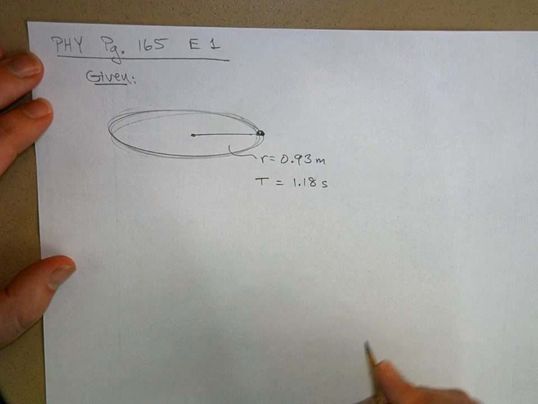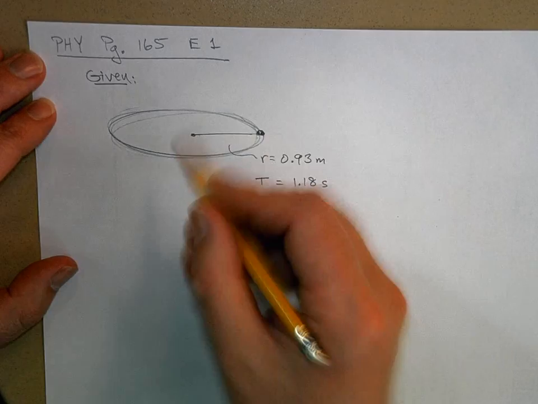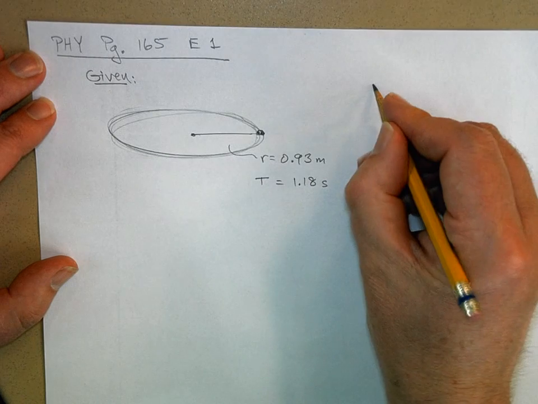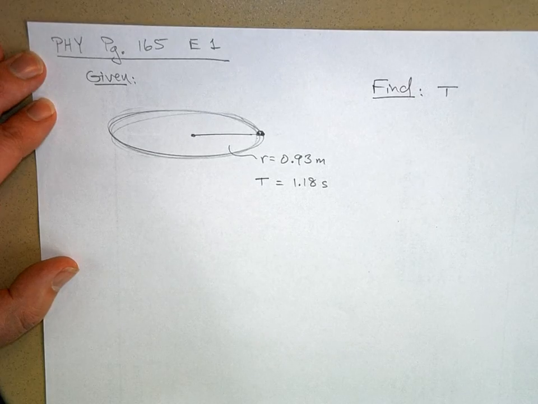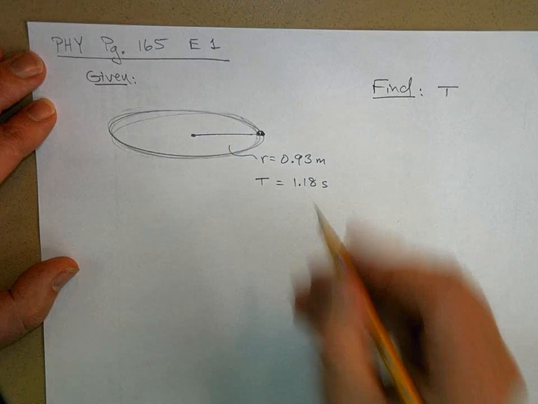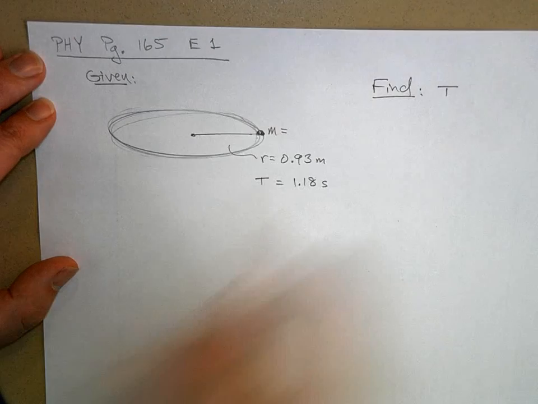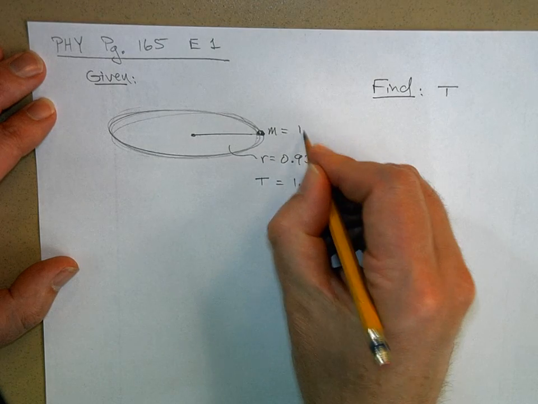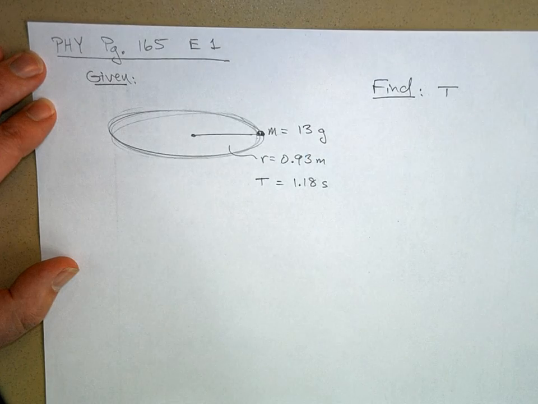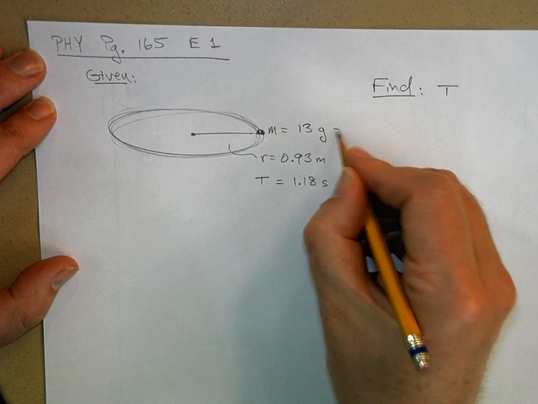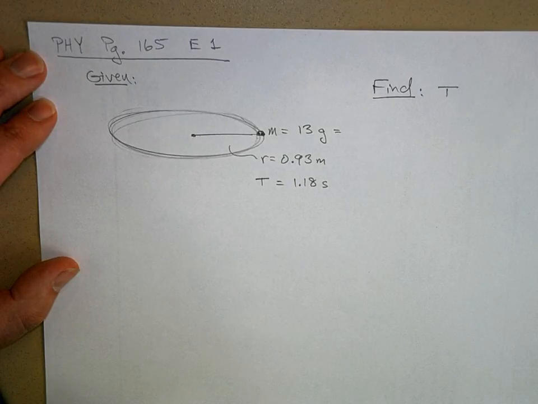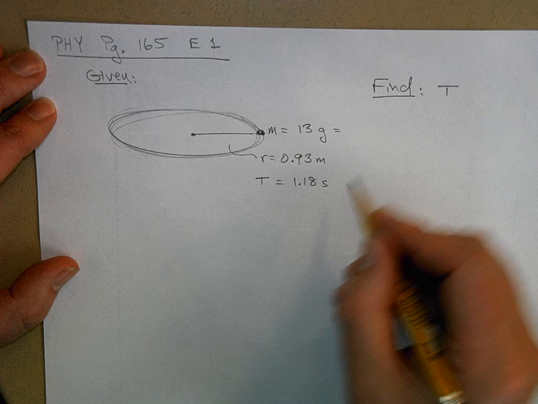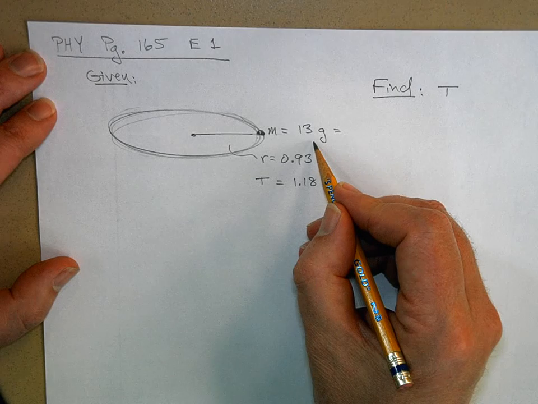So what we're trying to find is the tension in that string. And we're given the mass, 13 grams. Well, we can change that right away. 13 grams is how many kilograms?